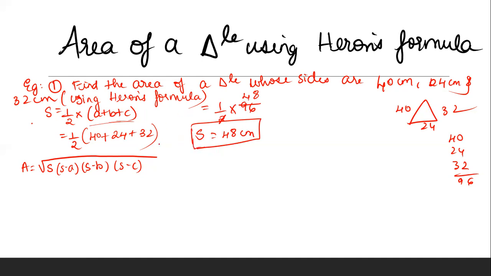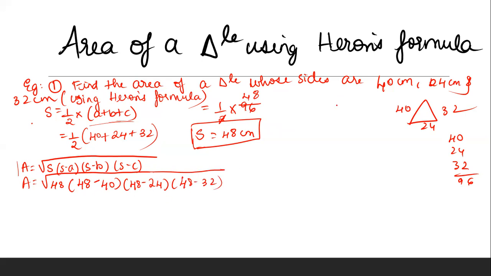Now let's substitute the values of S, A, B, C in Heron's formula. So A is equal to root of semi-perimeter 48 into S minus A. What is S here? 48 minus A, which is 40, into S minus B, so 48 minus B, which is 24, into S minus C, which is 48 minus 32.